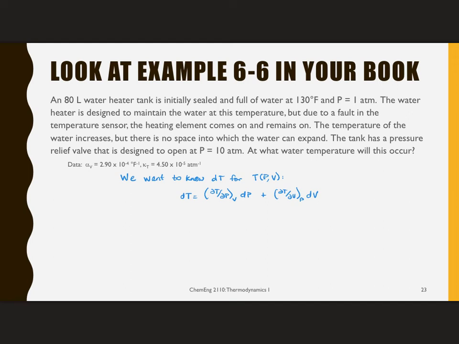Again, they do this in the book, so I'm not going to repeat what they do. I assume you can read this on your own. But to evaluate (dT/dP) at constant volume, they use the triple product rule.